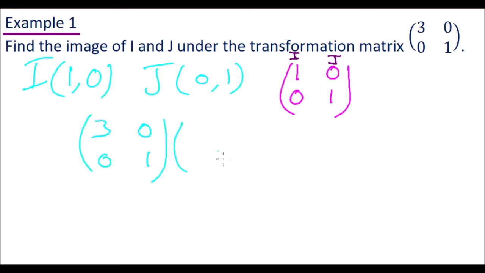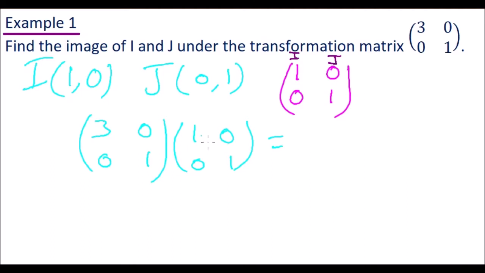We multiply by the matrix of our object, which is 1, 0, and 0, 1. When you multiply that, you note that this is an identity matrix, and whenever we multiply anything by an identity matrix, it is like multiplying by 1. It doesn't change. However, let's multiply and see what we get.